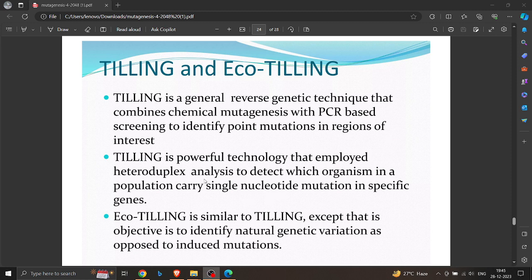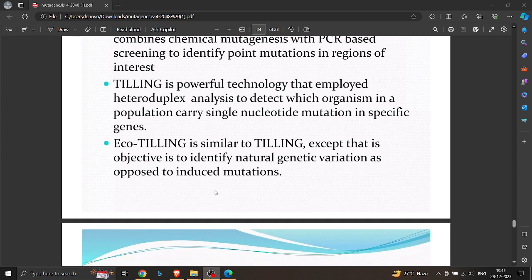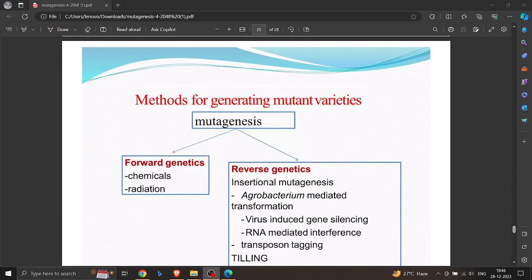It is a very powerful technology employed to detect which organisms in a particular population carry nucleotide mutations in specific genes. EcoTILLING is similar to TILLING, except that its objective is to identify natural genetic variations, as opposed to induced mutations.